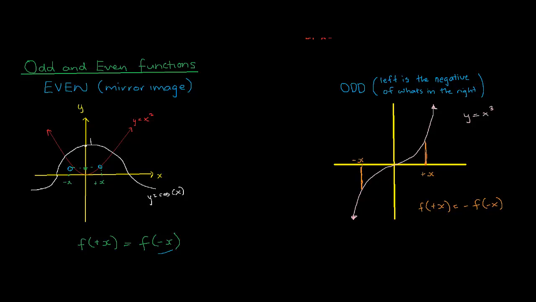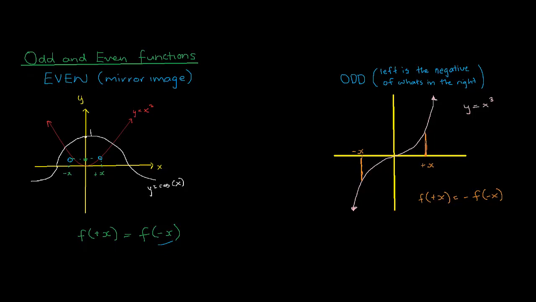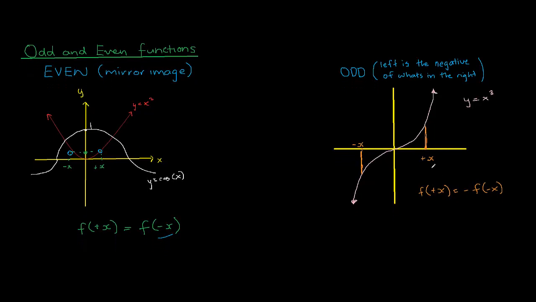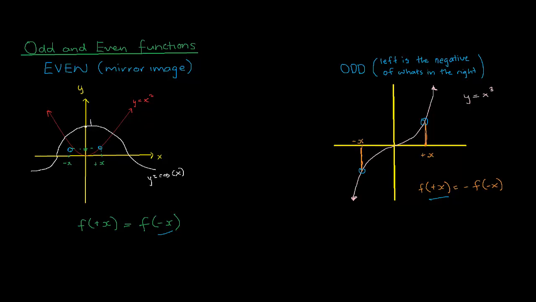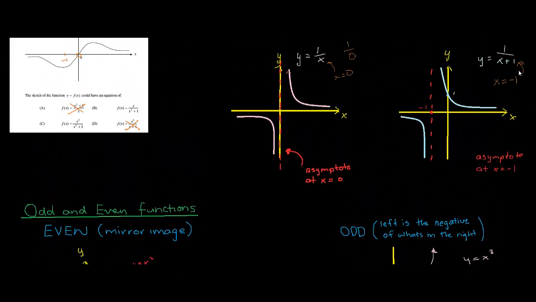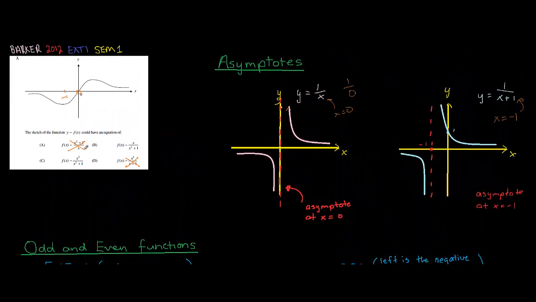That's just the best way of thinking about an odd function. And the algebraic condition is when you put in plus x, the y value you get back is the negative of what you get when you put in minus x. Graphically, the way of thinking about it is what's on the left is the negative of what's on the right. So with that concept in mind, let's think about B and C here.